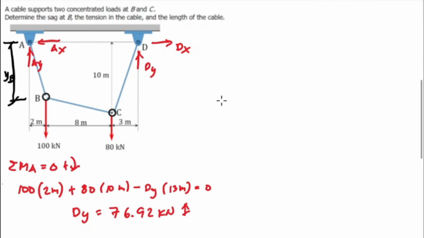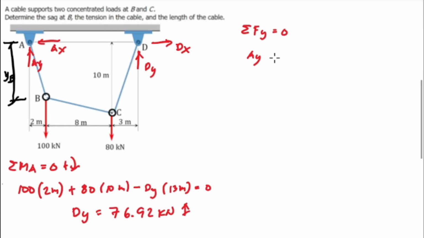After that, we need to solve using the summation of forces along y and equate that to 0. So all forces along y, you sum up and equate to 0. We have A sub Y, which is the unknown, and the direction is positive, so it's plus.